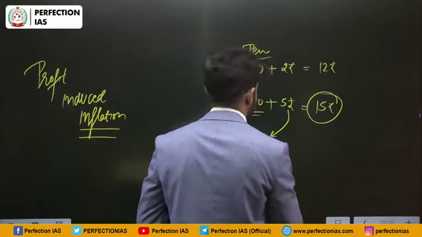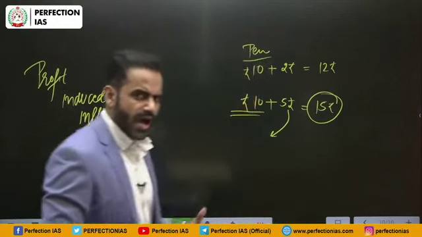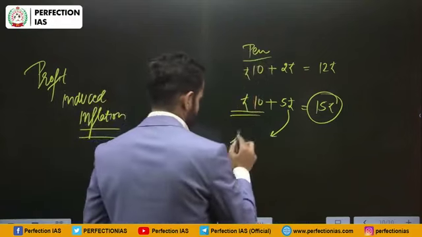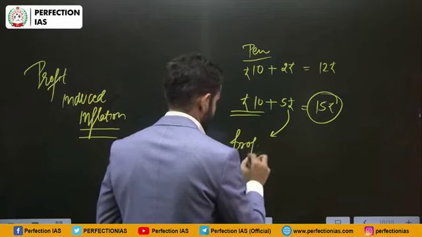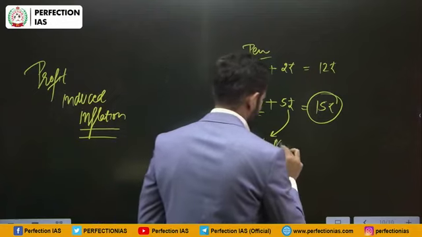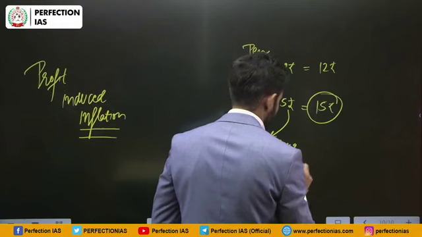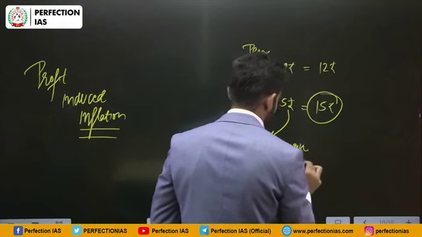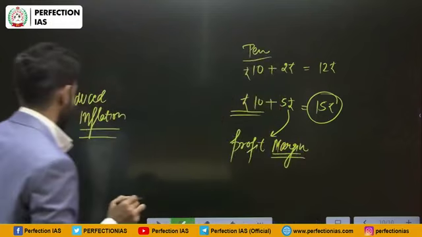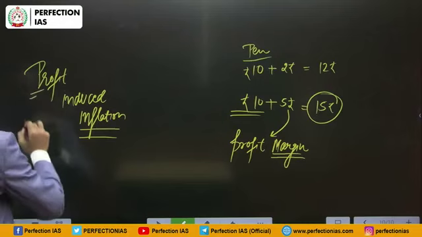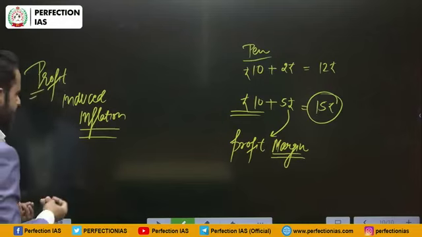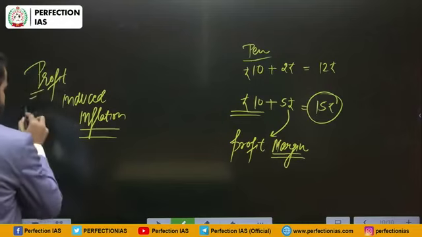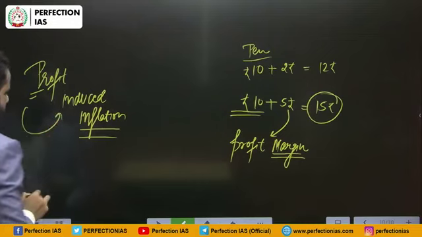Because now the supplier wants to earn a higher profit margin. So this type of inflation will be profit induced inflation.